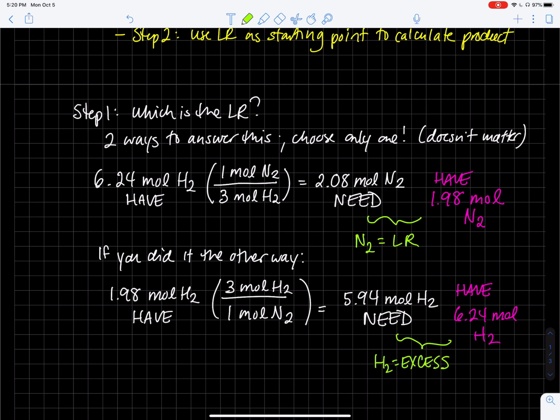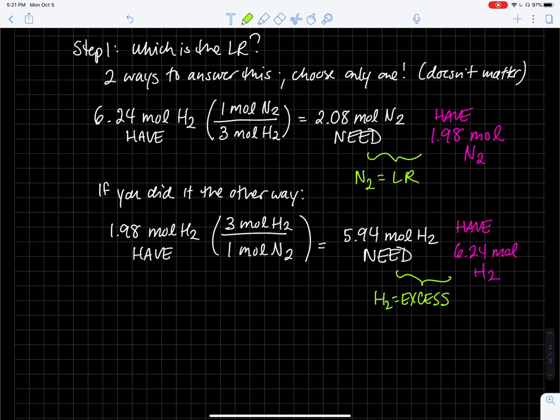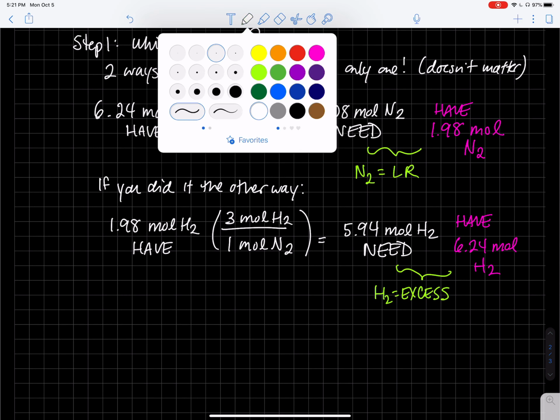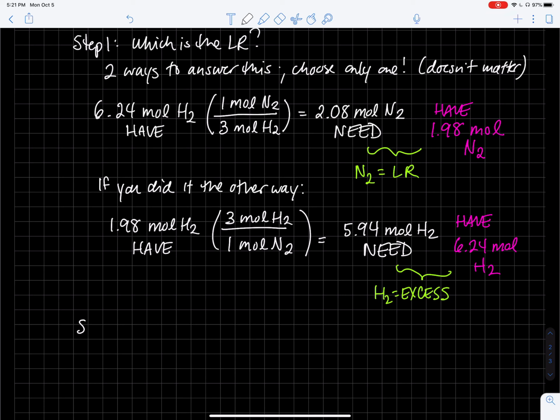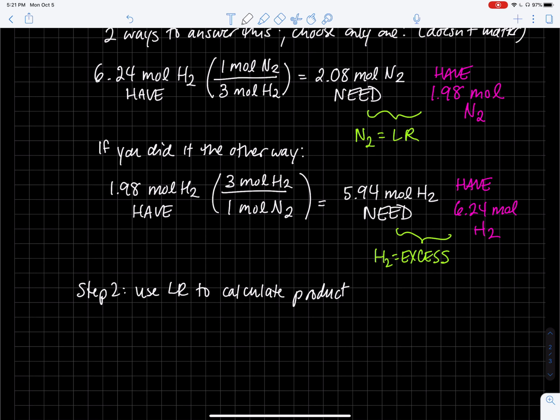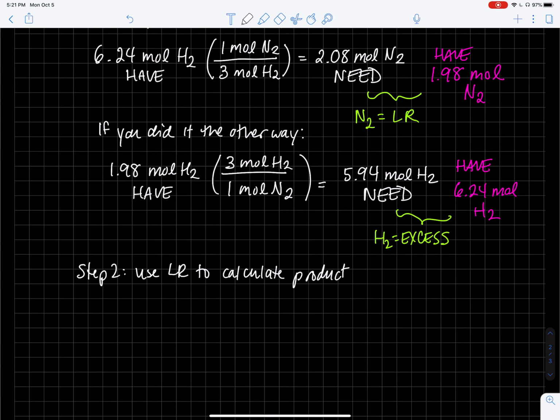Okay, so you only need to do one of these ways of calculating. Either way, you are ready for step 2, which is use the limiting reagent to calculate product. So we don't start with what we need, we have to start with what we have. Our 1.98 moles of N2 is the limiting reagent.